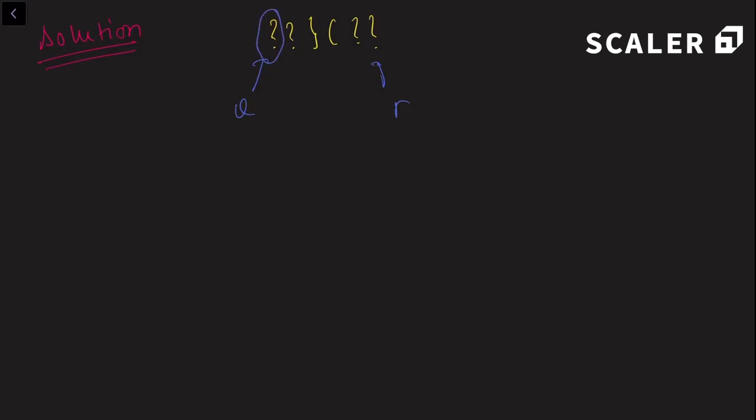Then I'll iterate on this string from L plus 1 to R, and I'll try to brute force each and every position for the closing bracket of my current position L. In this manner eventually I'll reach some base case, and if that is a valid sequence, then I'm going to add 1 to the answer.